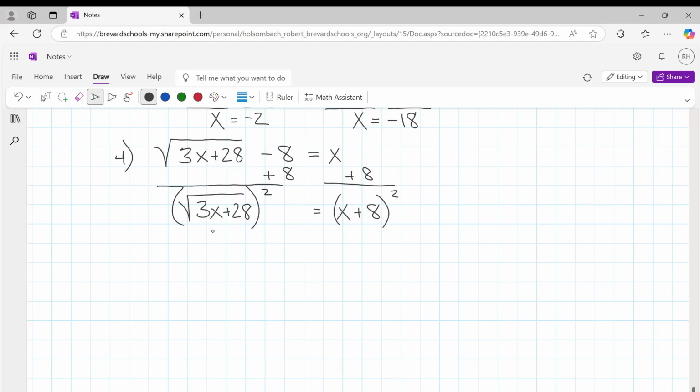On the left-hand side, we're left with 3x plus 28. On the right-hand side, we're left with x squared plus 16x plus 64. Subtract 3x and 28 from each side.